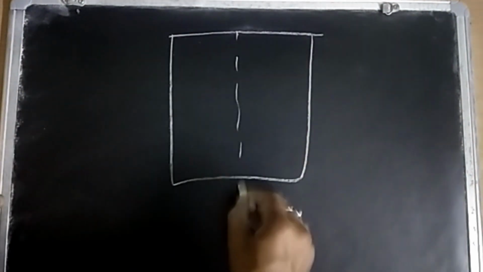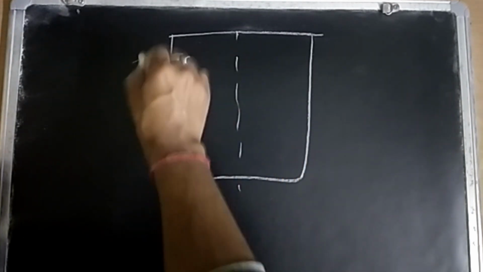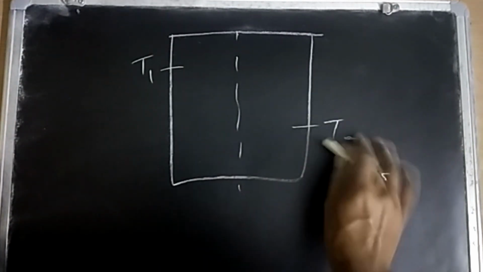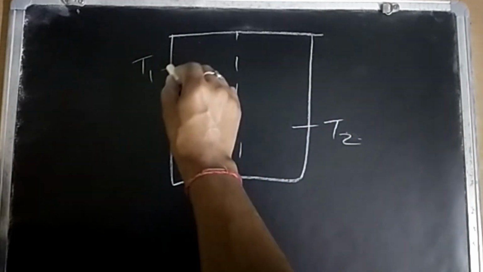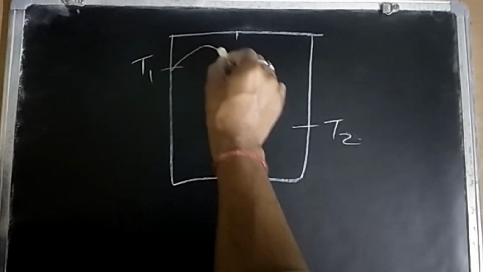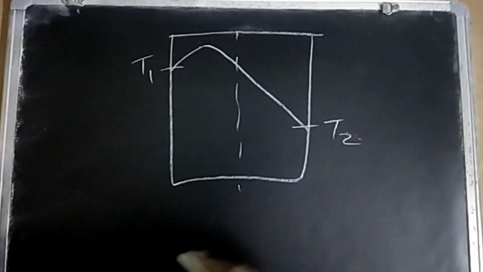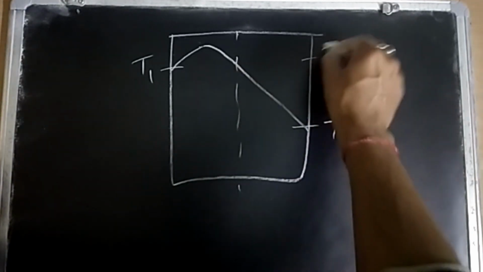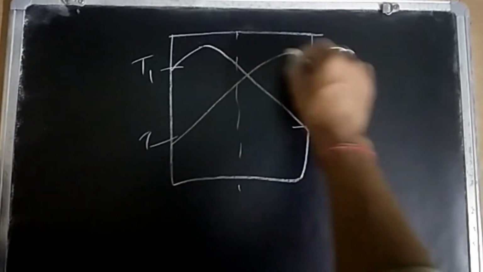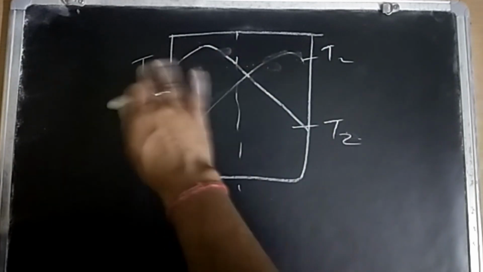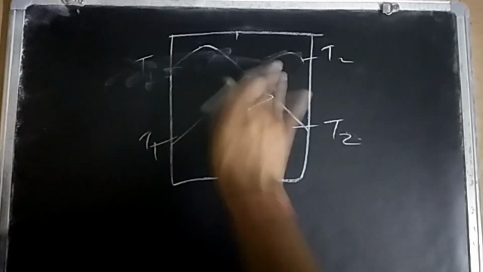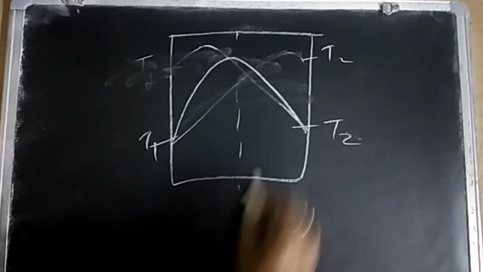In the plain wall, the heat conduction is in this way: if T1 is greater than T2 and there is a heat source, the heat source will increase the temperature like this. If T2 is greater, then it will be the opposite like this. If both are the same, it will be like this, with the middle point maximum.